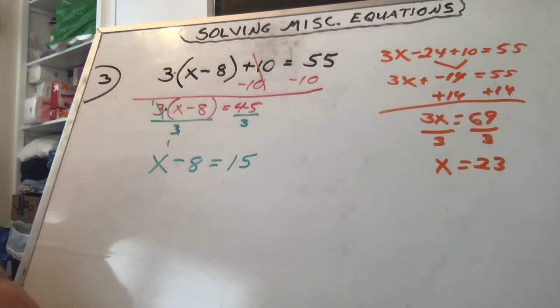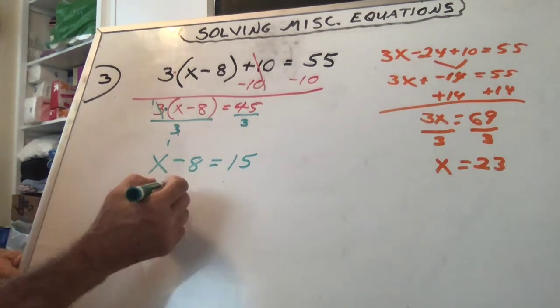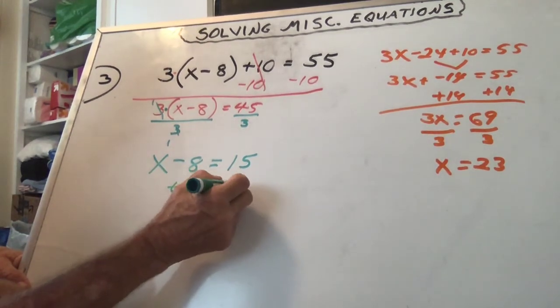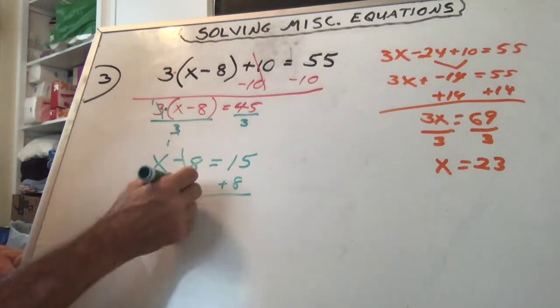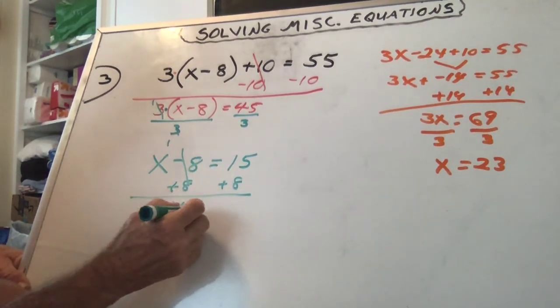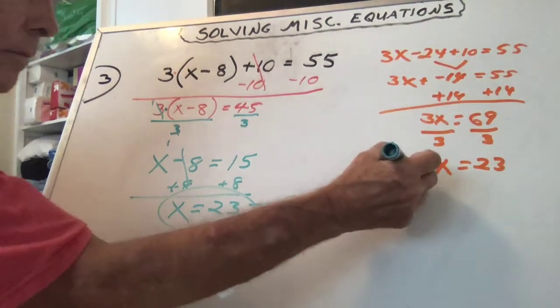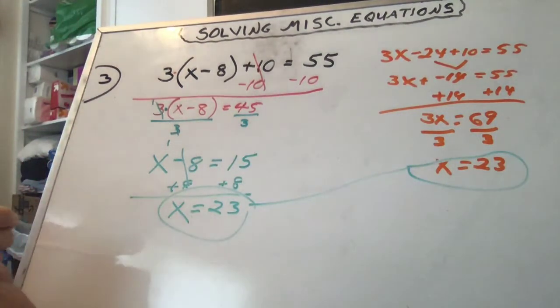Then it's a pretty simple one-step equation. This is subtract 8, so I'll add 8. And lo and behold, there you go.